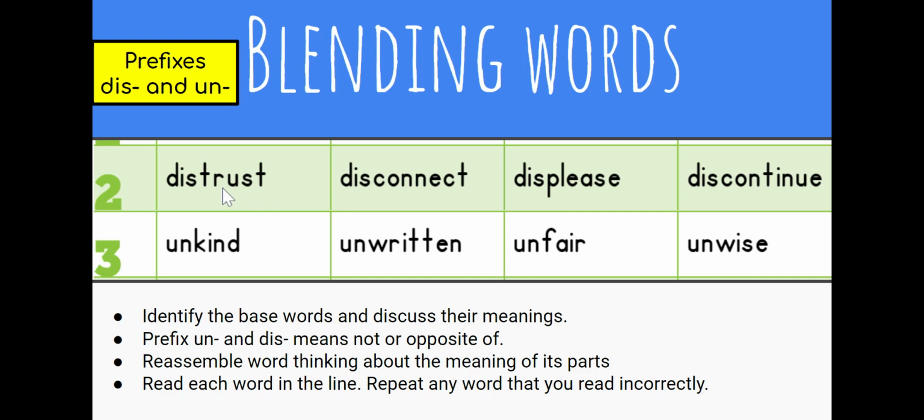Alrighty, Kipsters, when I'm looking at the base words, I need to first identify them and then discuss their meanings. So in the first word in line 2, I see the word trust. Kipsters, what does it mean to trust? It means to believe in something or believe someone. You got it.